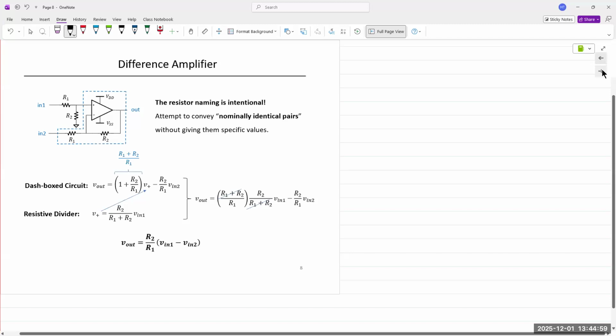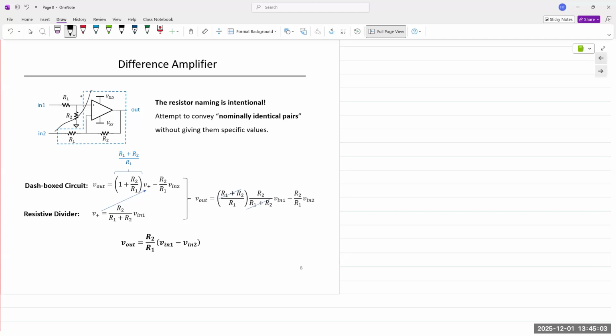Okay, so if we look at just this circuit right here, an inverting amplifier, we have a feedback path of R1 and R2. And so there is an inverting amplifier amplification, R2 over R1.